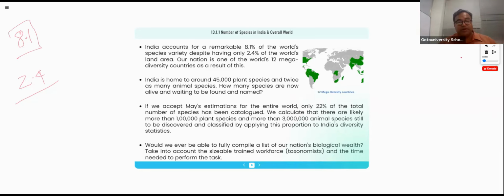In this, the 8.1% belongs to India. India is showing the maximum diversity. We are not saying it is in the first place, but it shows maximum biodiversity.